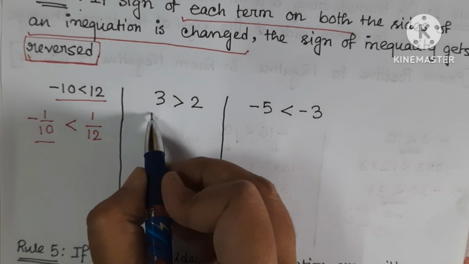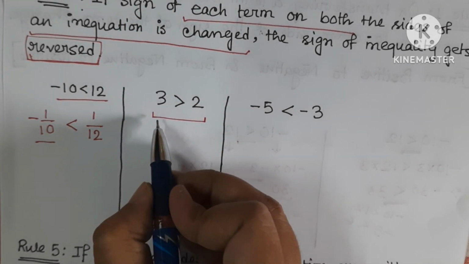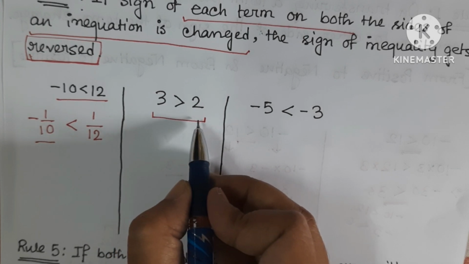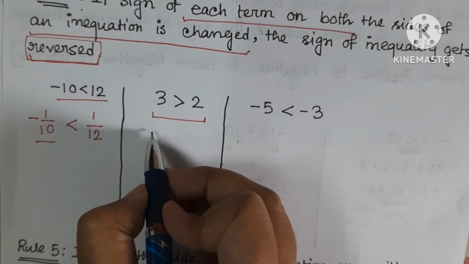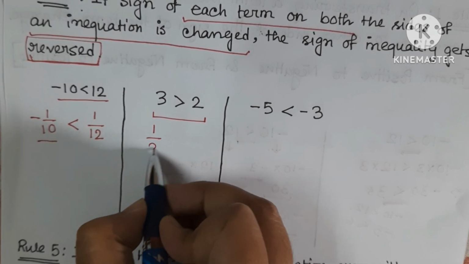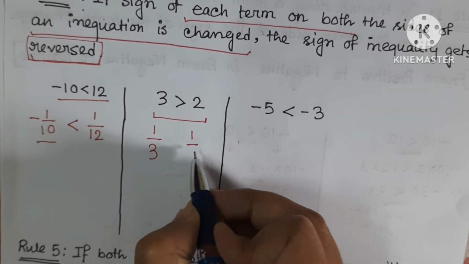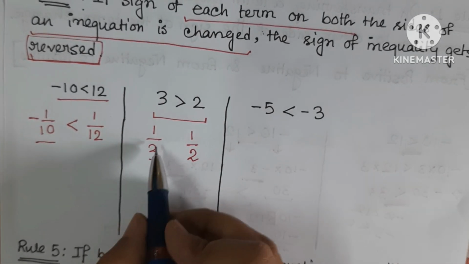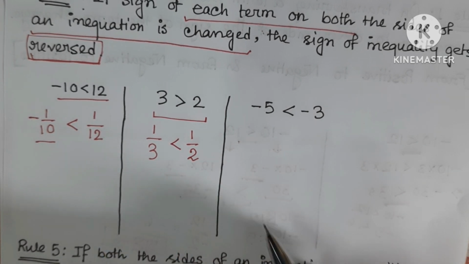But in case of this inequation, see this carefully, this is 3 greater than 2, right? Now if you take the reciprocal of 3, you will get 1 by 3, and if you take the reciprocal of 2, you will get 1 by 2. Now 1 by 3 is obviously less than 1 by 2, right?